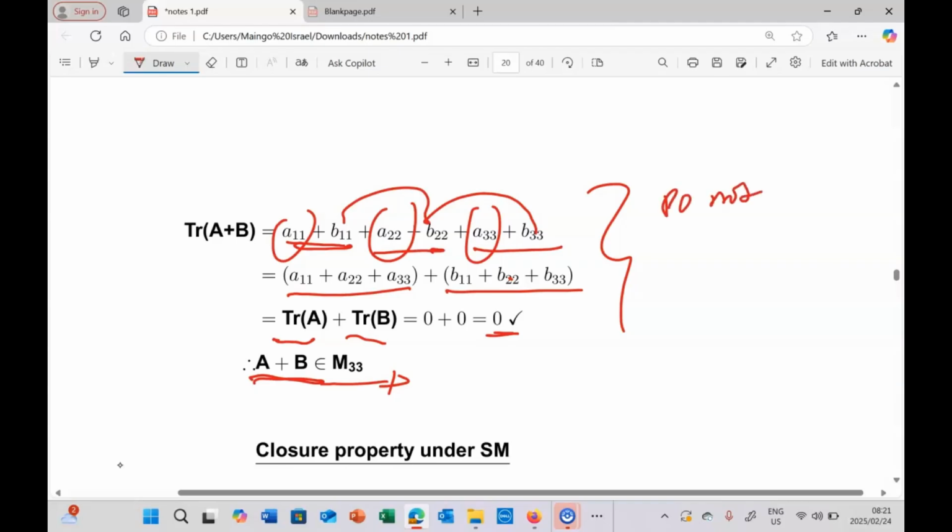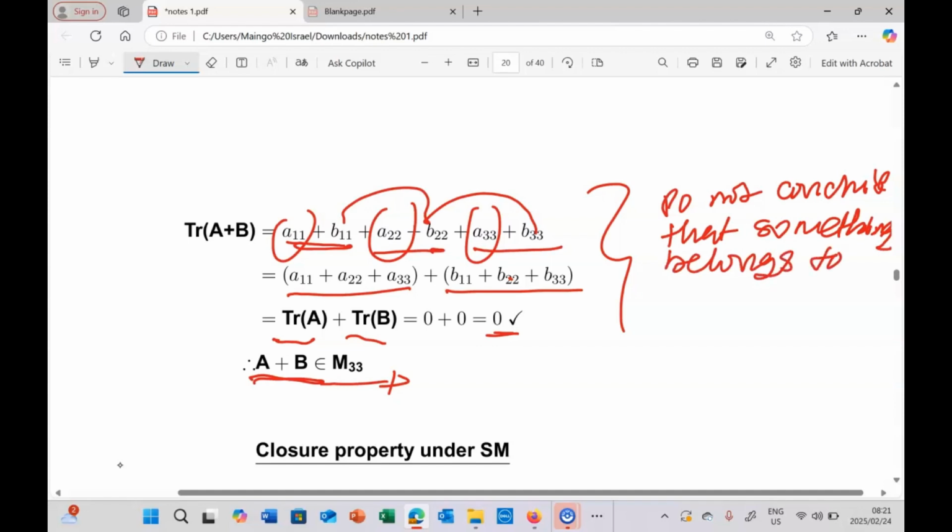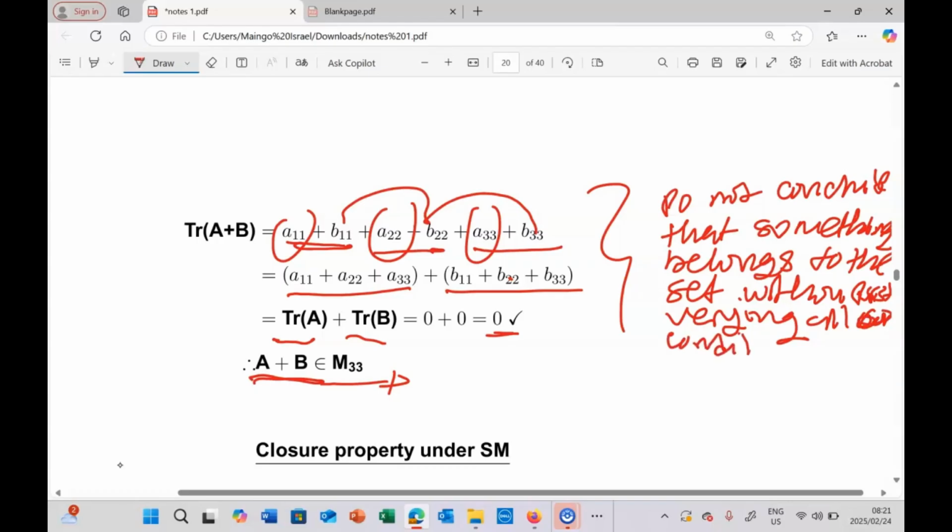Don't conclude that something belongs to the set without first verifying all conditions inside the set.